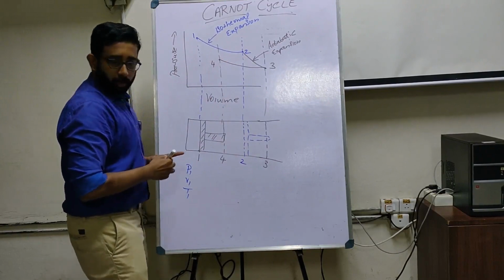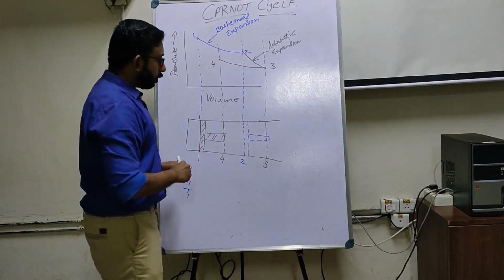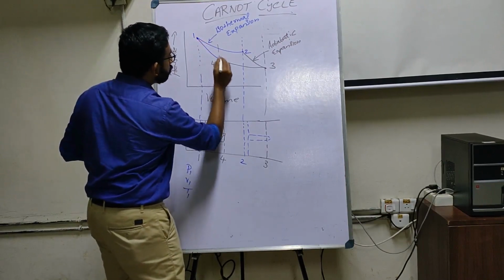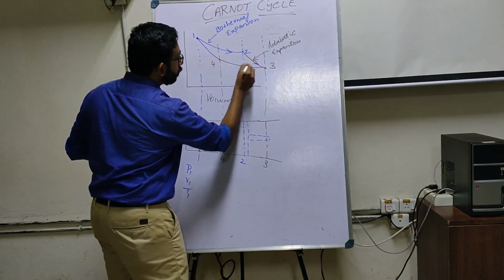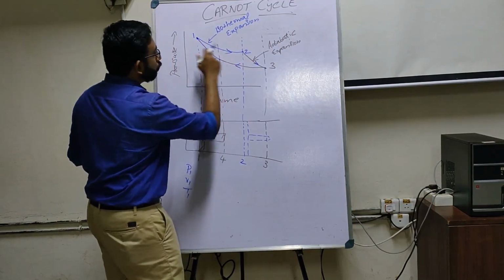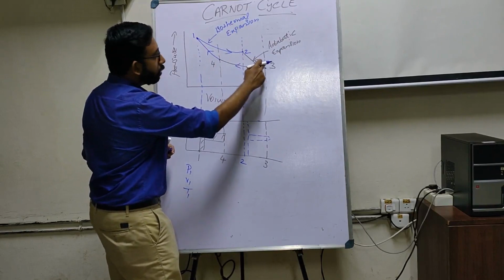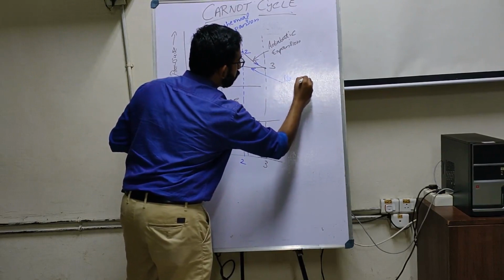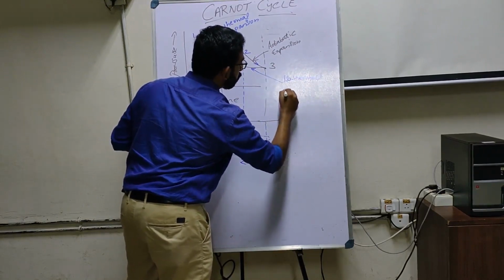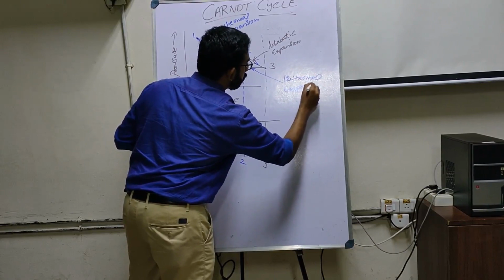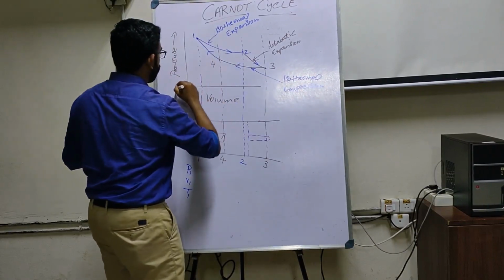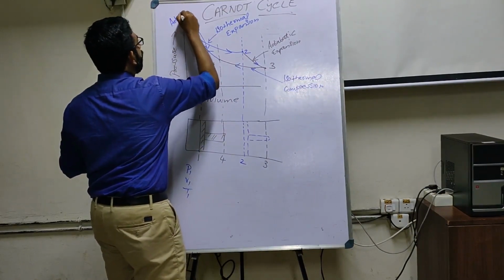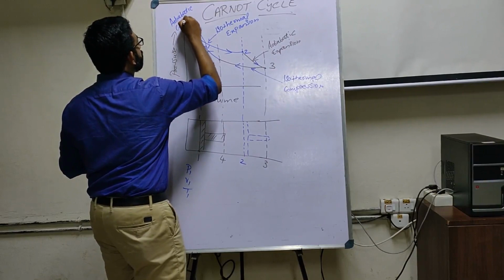And then 4 to 1 is an adiabatic compression process. Here 1 to 2, then 2 to 3, 3 to 4, and 4 to 1. 1 to 2 is isothermal expansion, then adiabatic expansion, then 3 to 4 is isothermal compression, and again 4 to 1 is adiabatic compression.